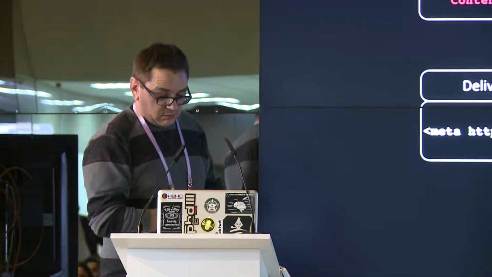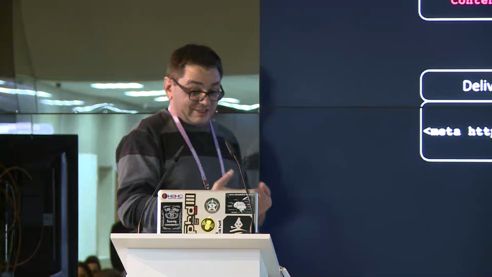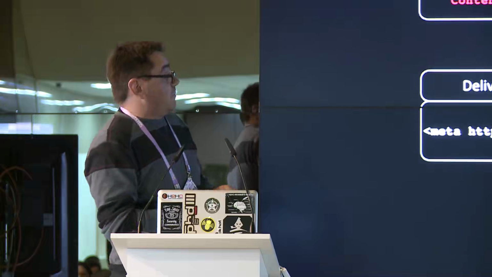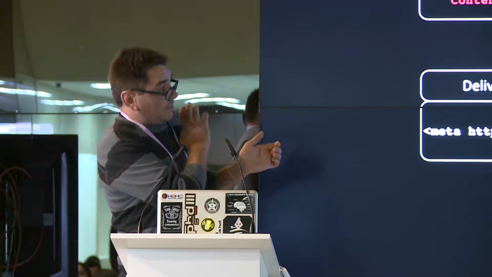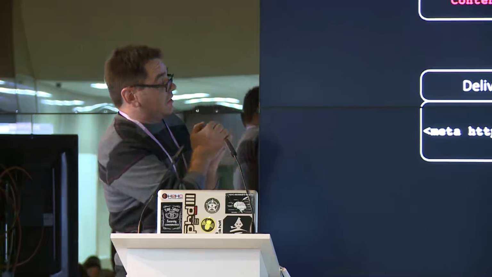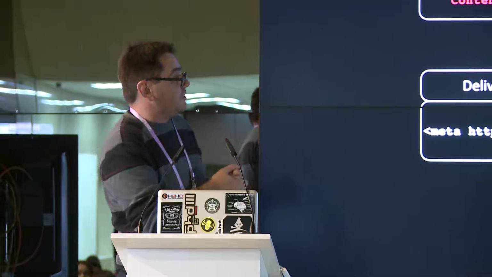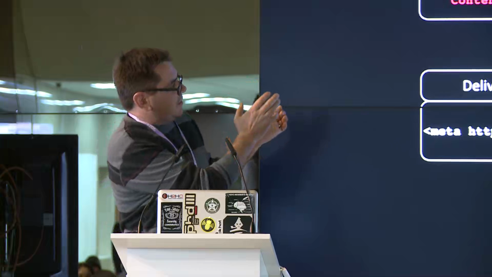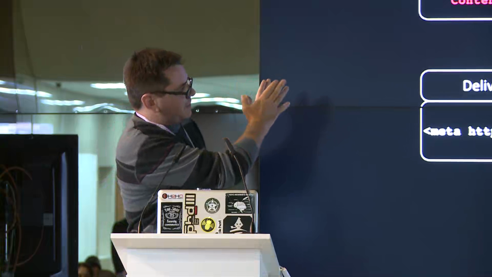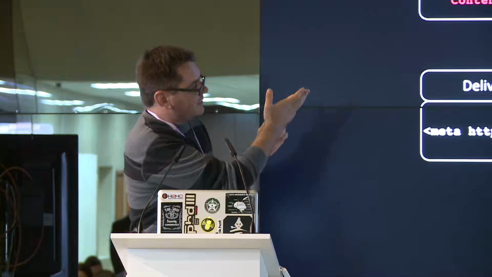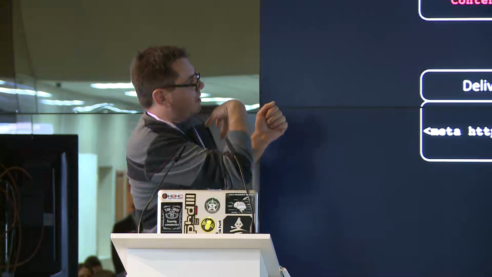Okay, now the actual explanation of what CSP is. It is a string that can be delivered either through an HTTP header or as a meta tag on your page. Basically, it's this content security policy header, and it consists of directives and source lists.